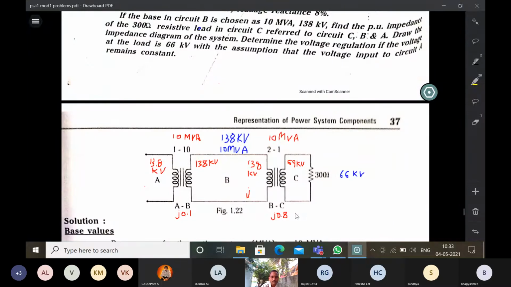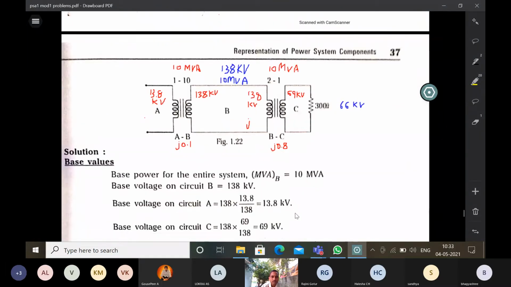Now, choose the base power in the entire system. He has given 10 MVA as the base power, so it is chosen as 10 MVA for the whole system. That is a new base value.